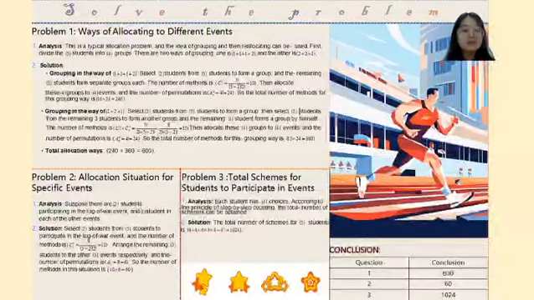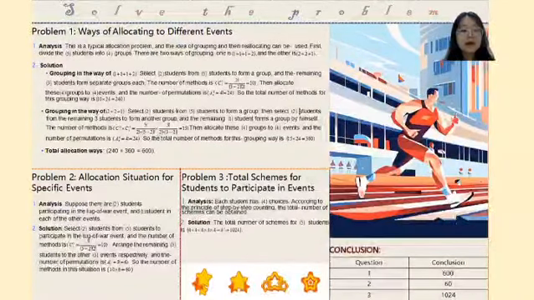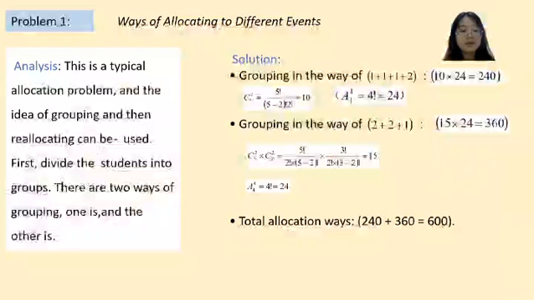There are 3 problems we need to solve based on this scenario. The first question is about the number of ways to allocate students to different events.